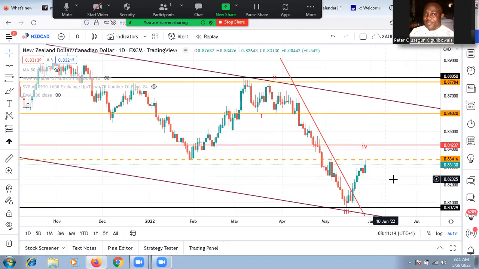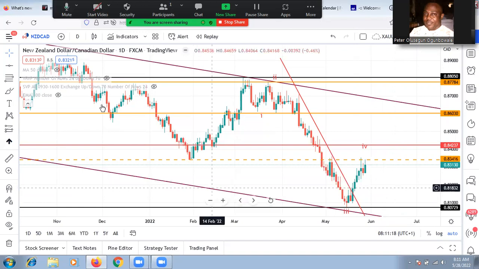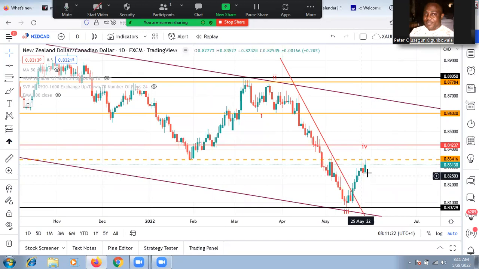I want you to see this better on the lower time frame from the daily. But you can see that with what we are seeing here, it's a formation of a correction, and I think it's going to breach this.